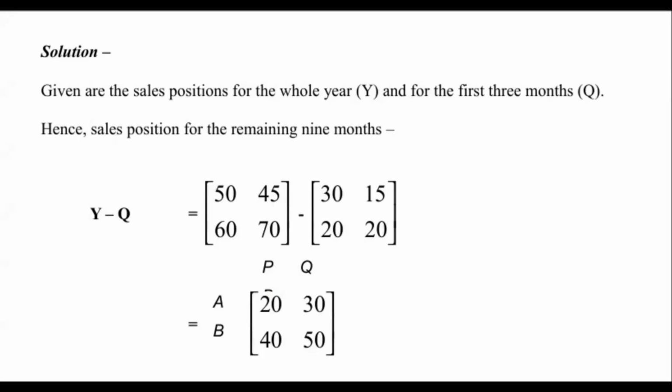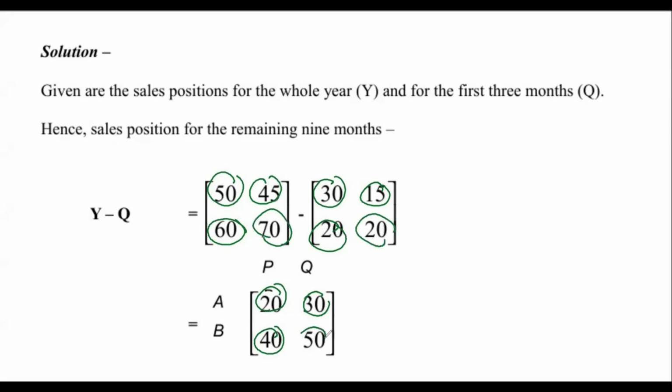You subtract corresponding elements. So 50 minus 30, you get 20. 45 minus 50, you get 30. 60 minus 20 gives 40, 70 minus 20 gives 50. Very simple. Shouldn't be difficult, right?